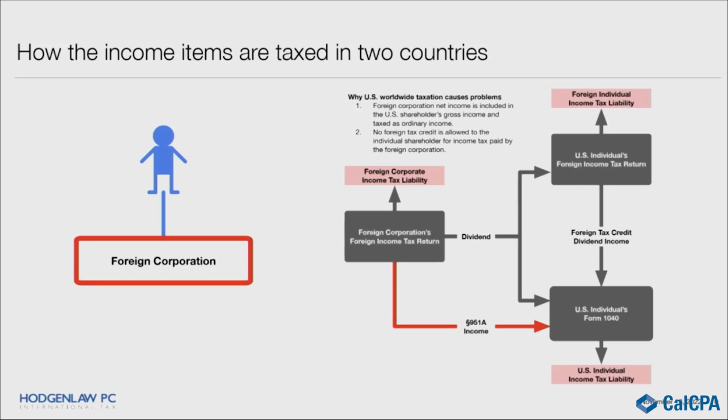You expect there to be an income tax liability computed on the dividend income for both of these. And to the extent that there is foreign income tax paid on that dividend, you expect to see a foreign tax credit on the U.S. individual's Form 1040, coming from Form 1116. And you can see the little arrows coming out of those two boxes to report additional cash leakage in the form of foreign individual income tax liability and U.S. individual income tax liability. So that's how that works.